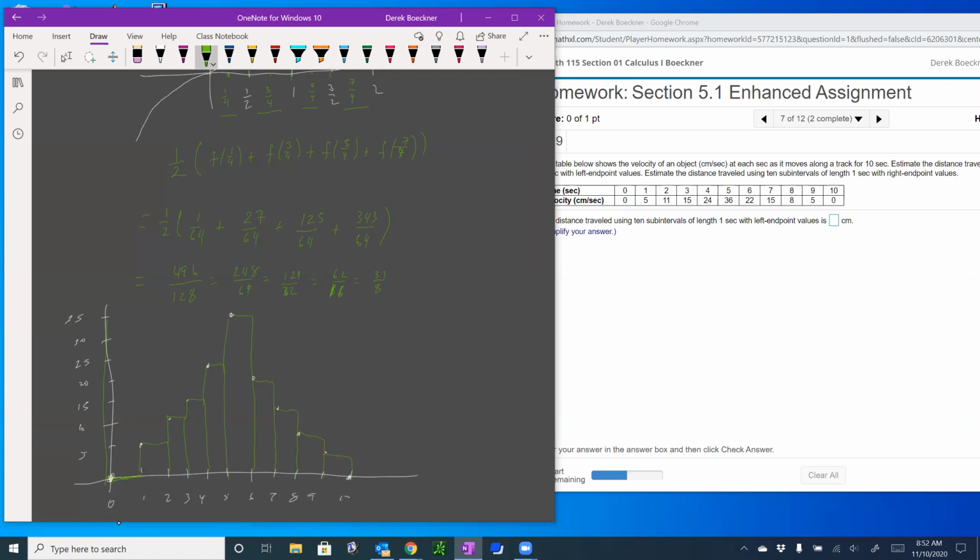Does that make sense? And so all I'm getting is my left-hand endpoints. I'm going to take the delta x times f of 0 plus f of 1 plus dot, dot, dot, plus f of 9, which would be my last left-hand endpoint for the 10 rectangles.